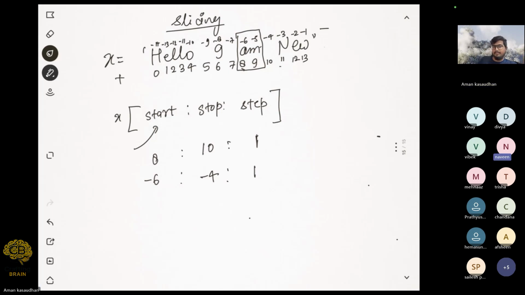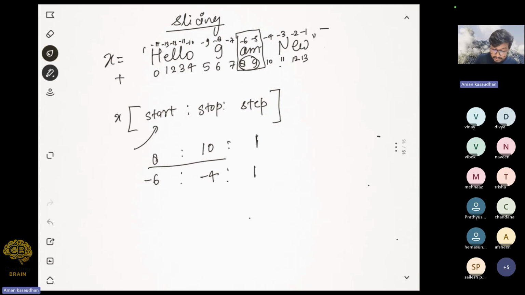Sorry, plus 1 actually. So minus 6 plus 1 will be minus 5. Now this is how you need to give the data: start, stop, and step count. For step count, you need to take two consecutive values. You do not need to take start and stop; you take two consecutive values.